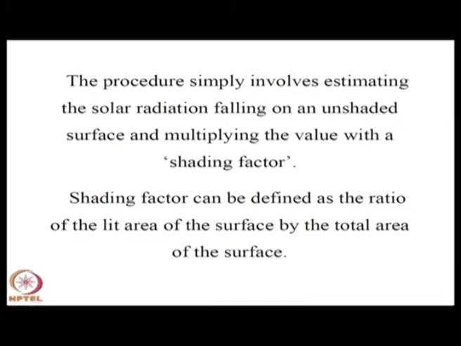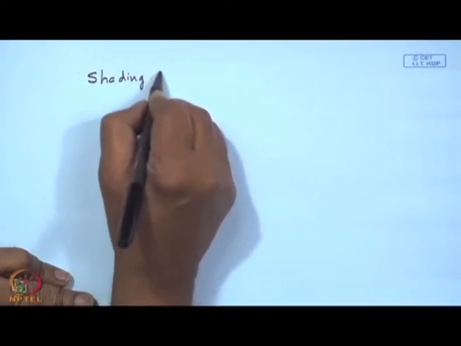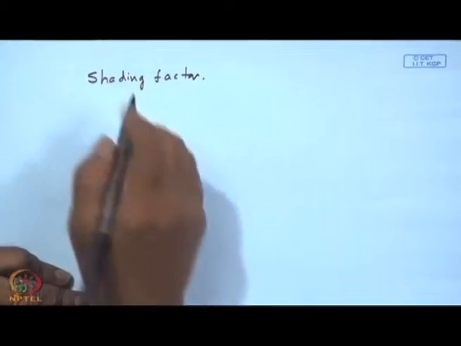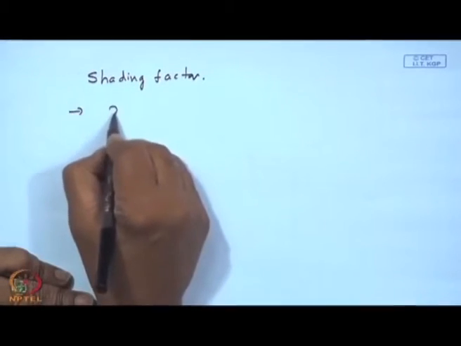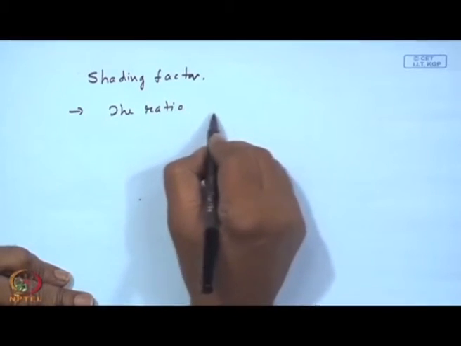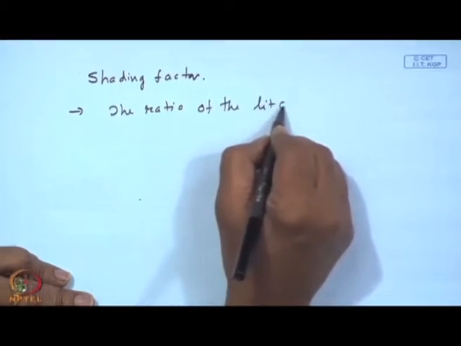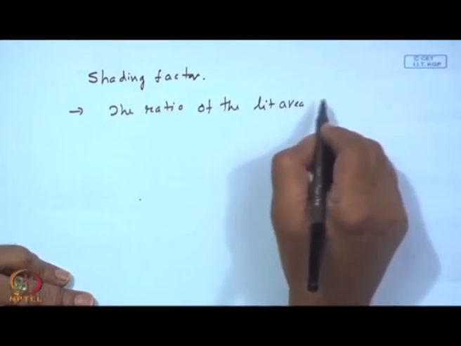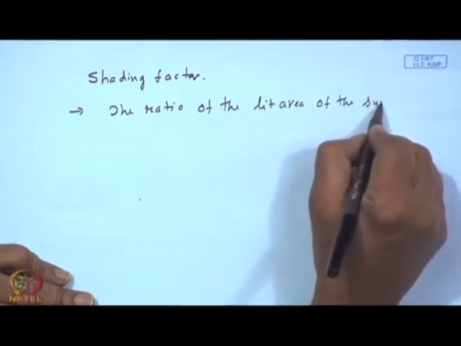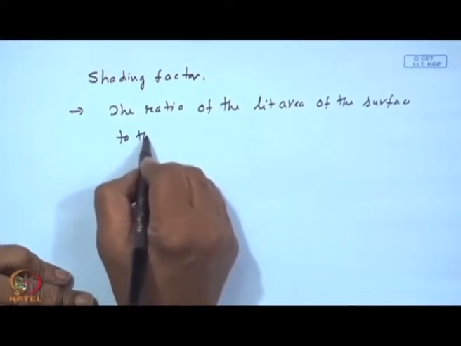So, we define what is called a shading factor. This is the ratio of the lit area of the surface to the total area.